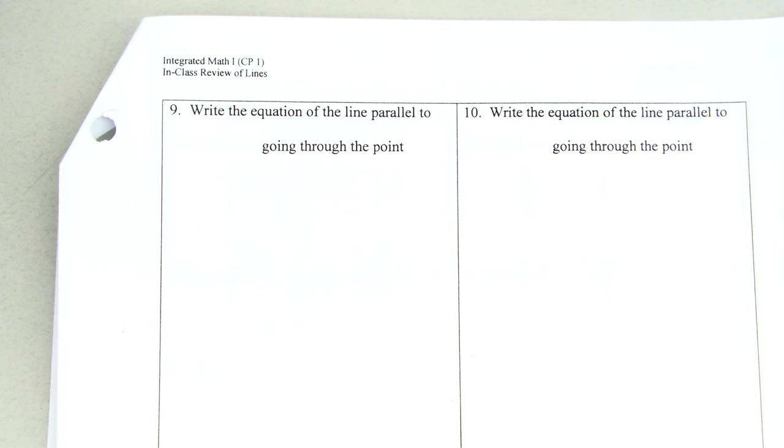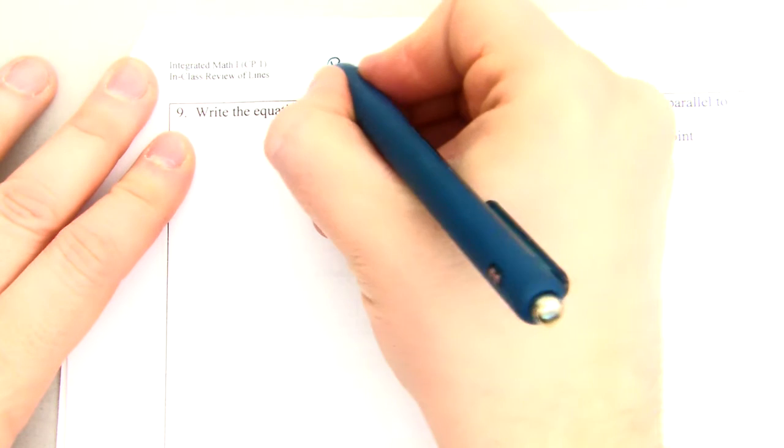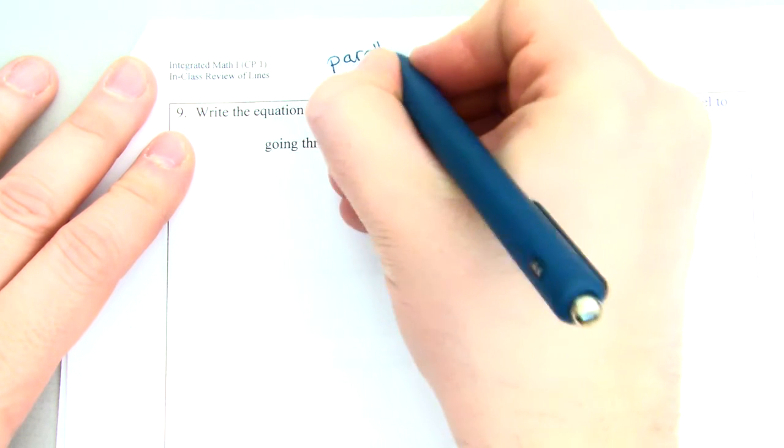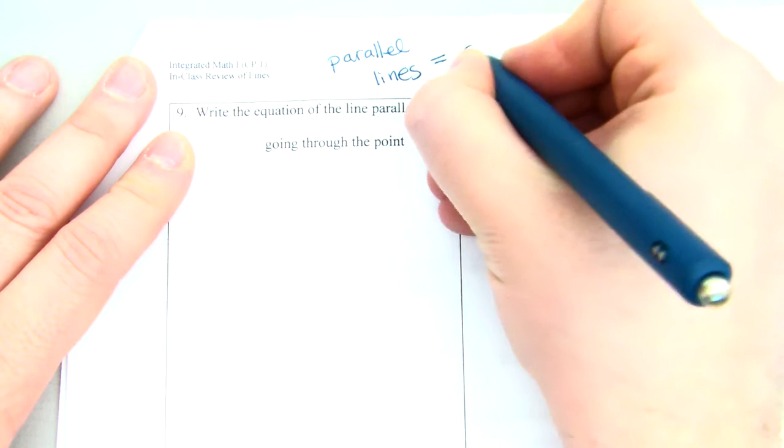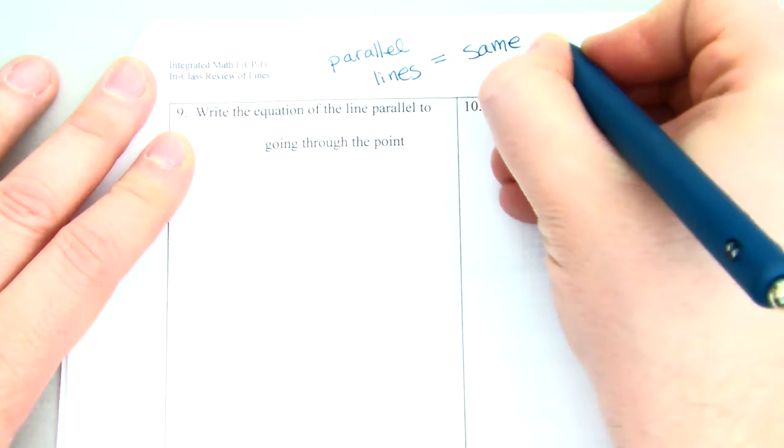Parallel and perpendicular. Parallel, they're never going to cross. Perpendicular, they cross and make right angles when they cross. What's true about the slopes of parallel lines? They're the same. I want to write that on the top. Parallel lines equal same slope.